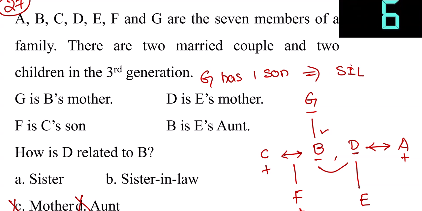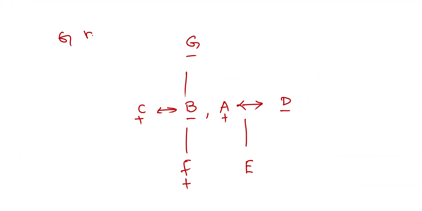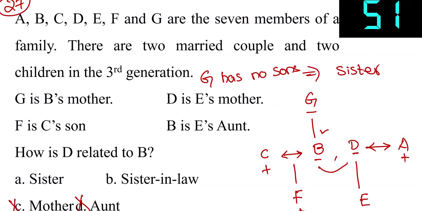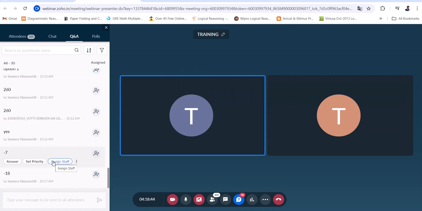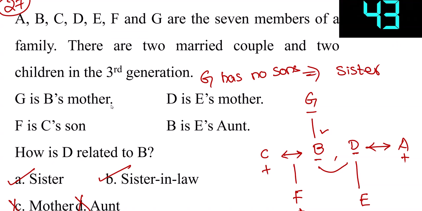If they mention G has one son, then the answer will be sister-in-law. If G has no sons, then the relation will be sisters. So two things are possible as per this data. If it is one son, one daughter, we can go with both. Both are fine here. No second thought. As per this question, both are fine.